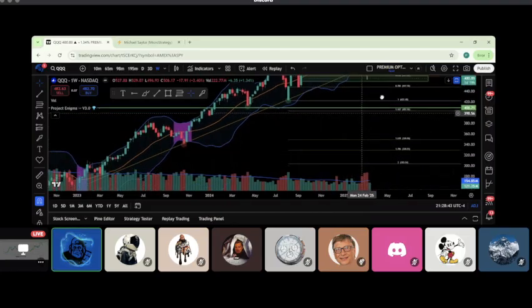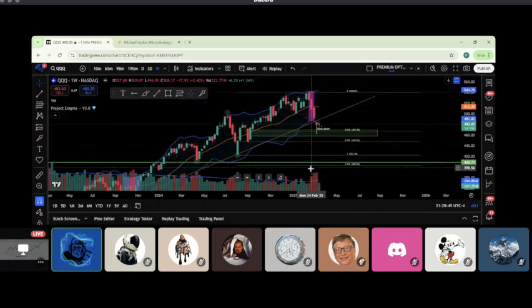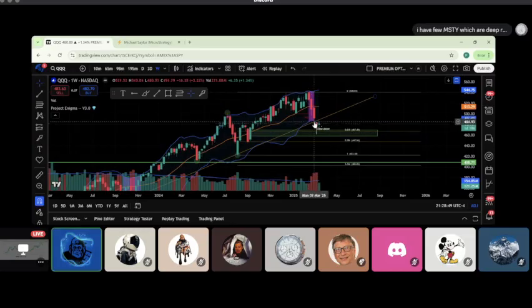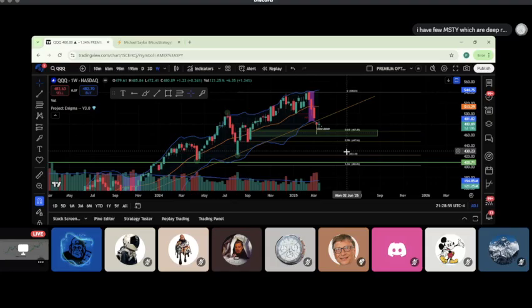I'll backtest that and figure that out. But we might see 4 to 6 weeks of a potential downtrend. Who knows though? Something to keep in mind.